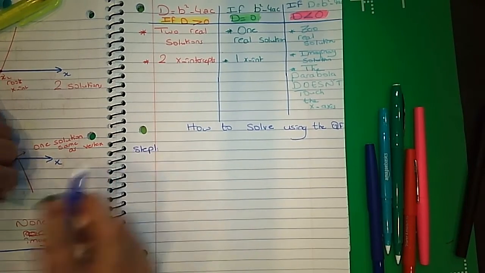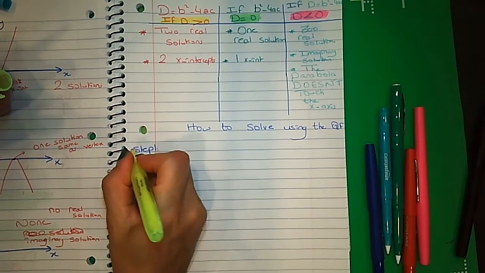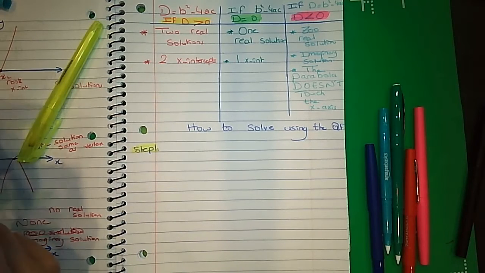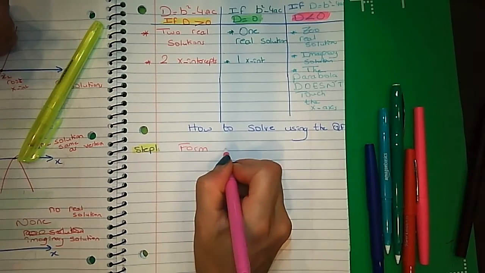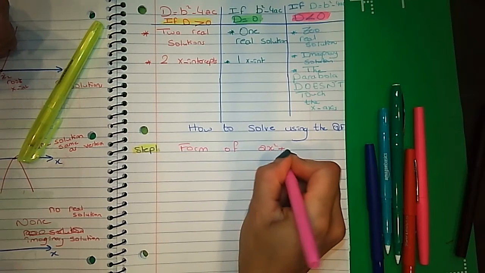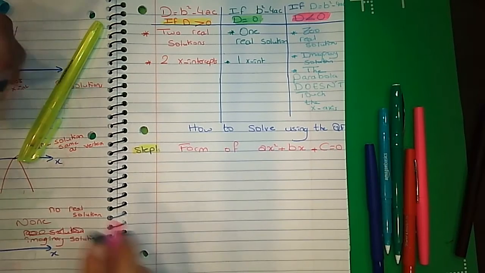I got step 1. I'm going to highlight it for you. Step 1, first and the most important thing, it has to be in the form of ax squared plus bx plus c equal to 0.